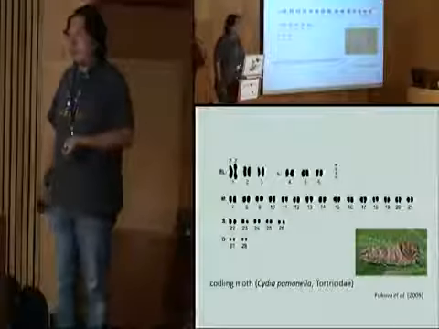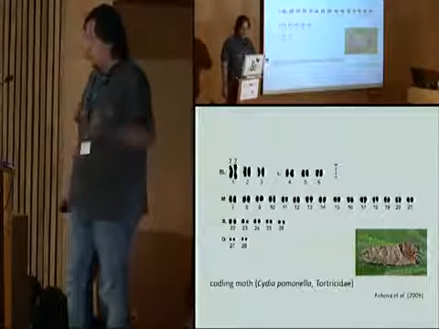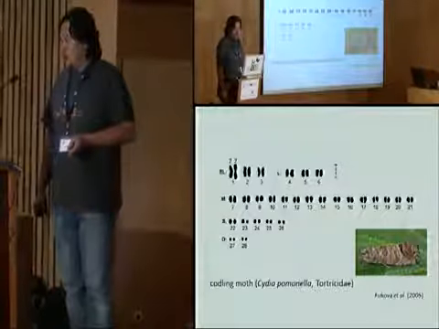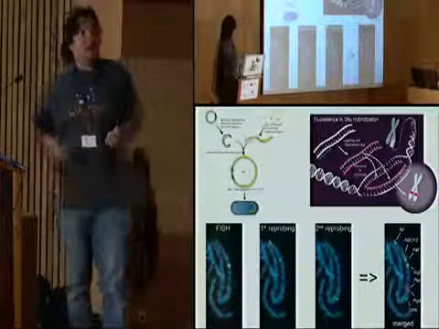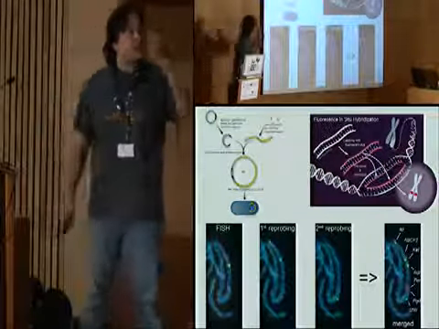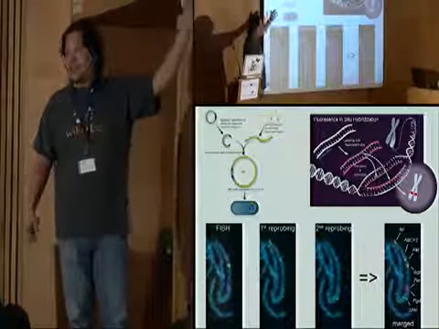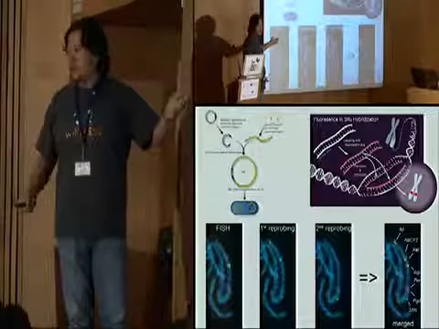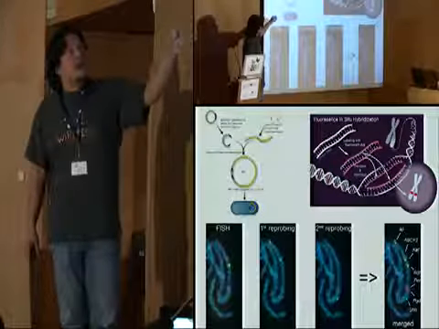So in order to test this prediction, we decided to perform physical mapping of the Z chromosome of the codling moth using so-called BAC-FISH. What is BAC-FISH? It's fluorescent in situ hybridization with bacterial artificial chromosomes as probes. A bacterial artificial chromosome is just a plasmid with a large piece of DNA, like 100 kb of genomic DNA. You select the clone containing your gene of interest.